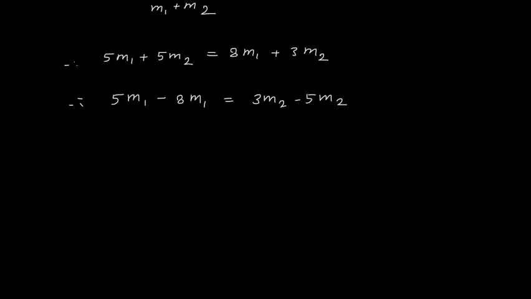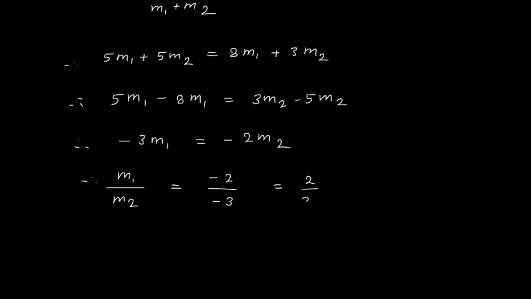So therefore here I will get minus 3 M1 is equals to minus 2 M2. So therefore this M1 upon M2 is equals to minus 2 upon minus 3, which is equals to 2 upon 3.